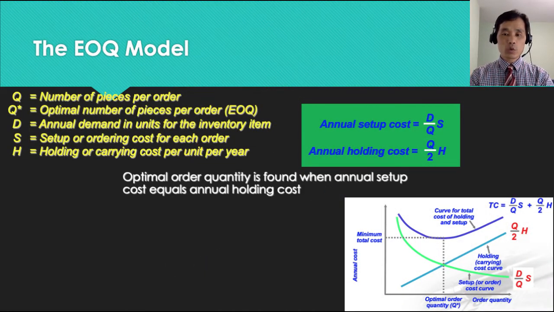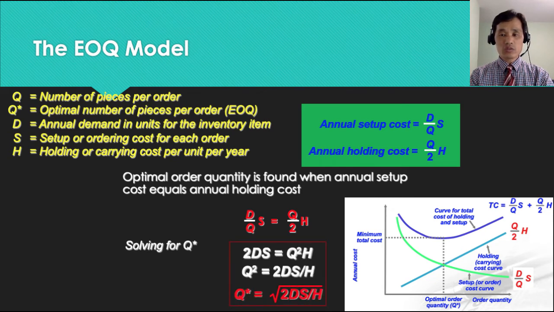To find the economic order quantity, what should you do? Notice that EOQ is the point where setup costs and handling costs intersect.